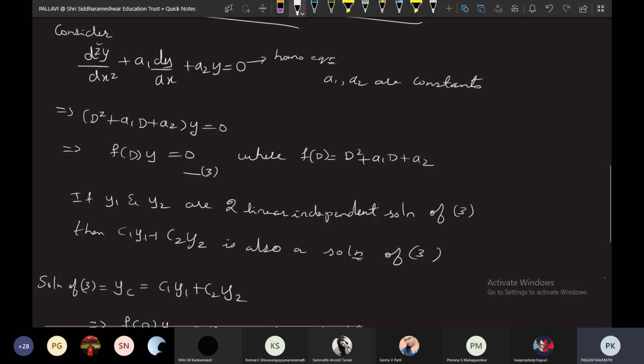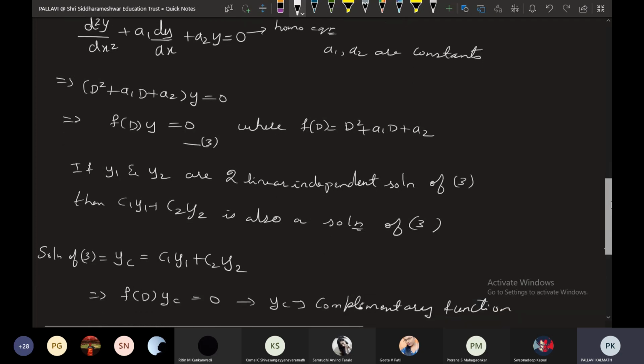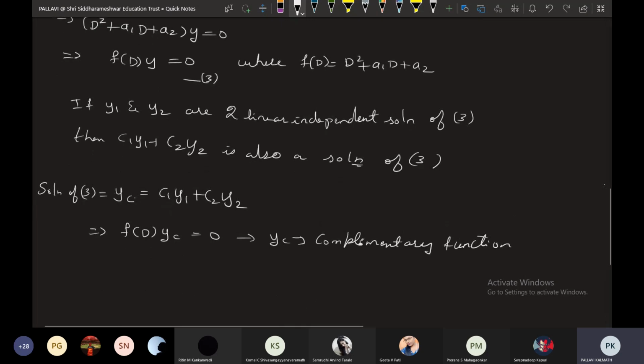So we write c1 y1 plus c2 y2 is the solution of equation 3. This solution we write as yc. Yc is the complementary function, the symbol for the solution of the homogeneous equation. So if your equation is homogeneous, then the solution will consist of complementary function.